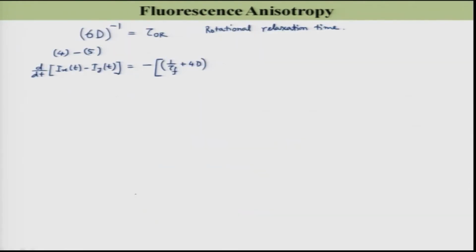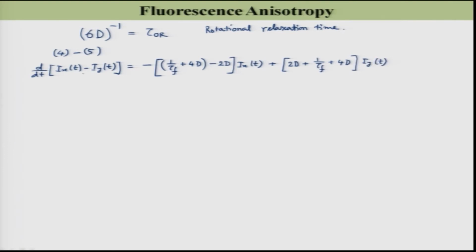Then I will have minus 2D, whole thing here, I_x(t), and for the I_y I will also get this term, but this will be 2D plus (1/τ_f + 4D), I_y(t), okay.